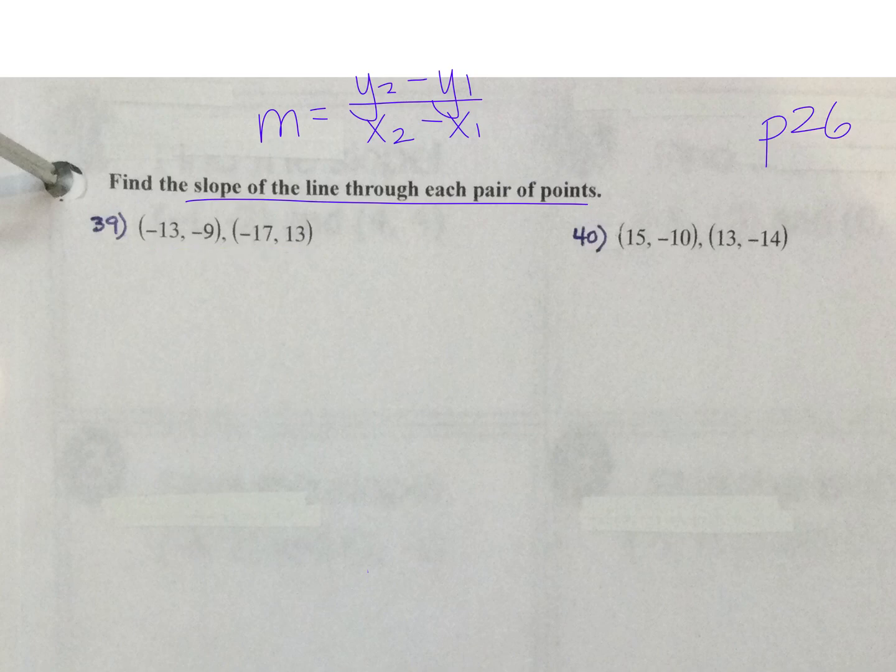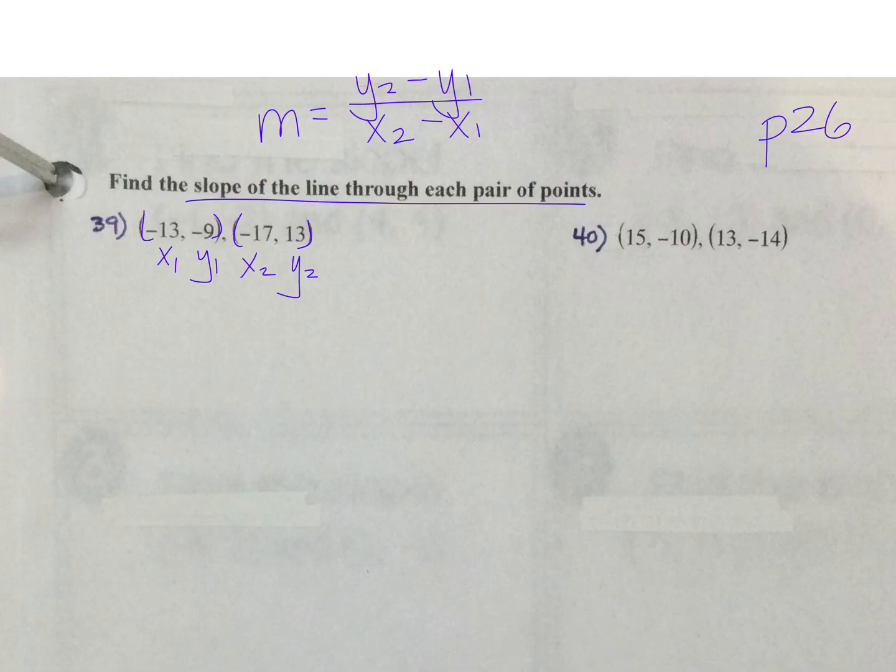I know that this is x and this is y. Whenever you have a coordinate, the first one's always x, the second one's always y. I also know that this is group 1 and this is group 2. So now I have numbers to put in.